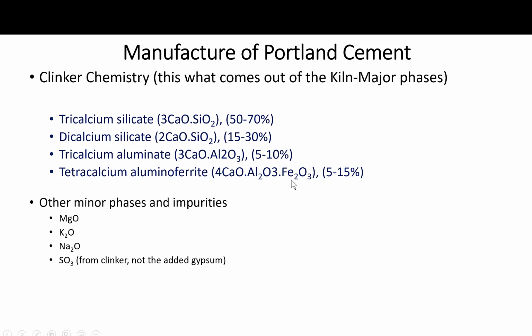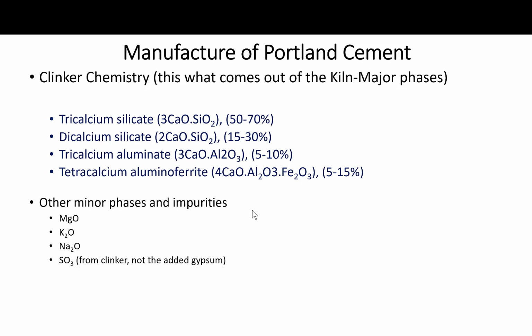Tetracalcium aluminoferrite 5 to 15%. Of course, we have other minor phases such as magnesium oxide, potassium oxide, sodium oxide, and SO3. This is not the SO3 we add through the gypsum, but this is from the clinkering process.